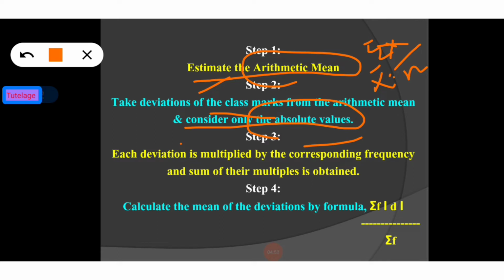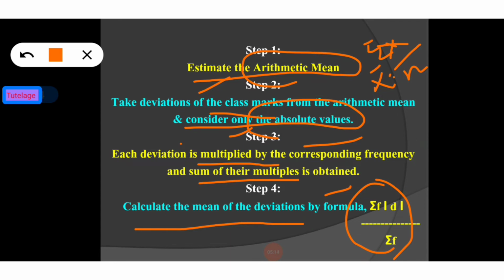Now going to the third step, each deviation is multiplied by the corresponding frequency and the sum of these products is obtained. The fourth step is to calculate the mean deviation by the formula, summation fd divided by summation f.